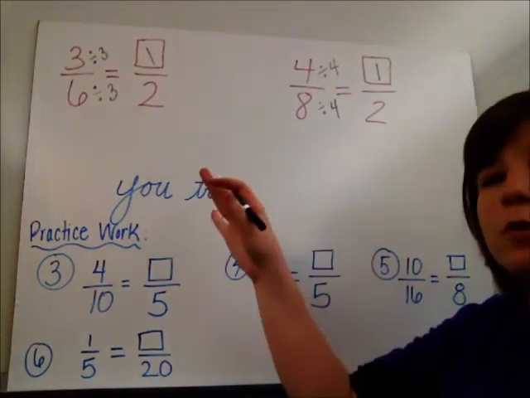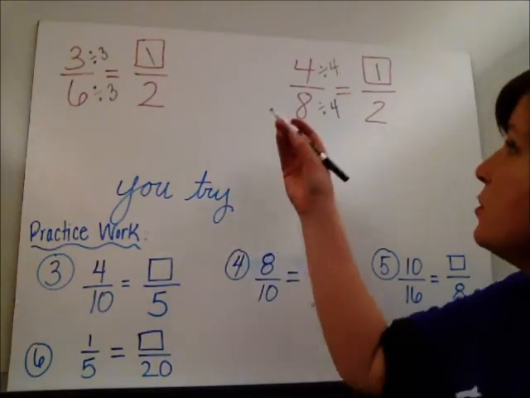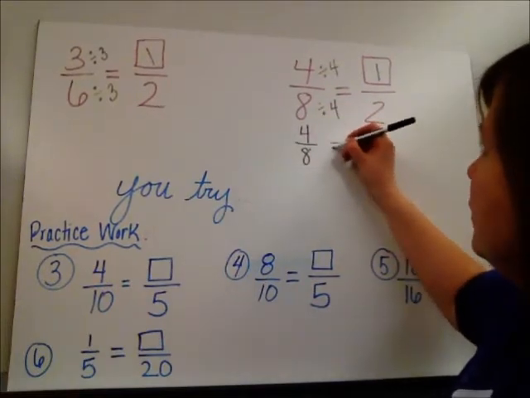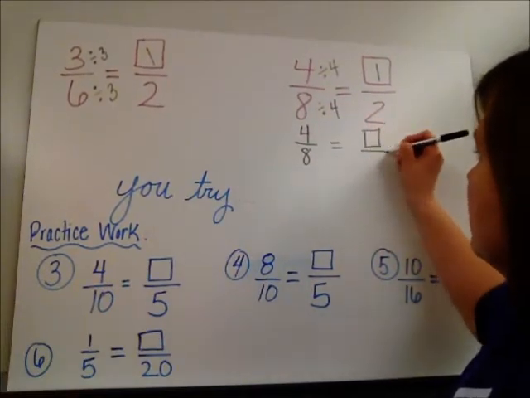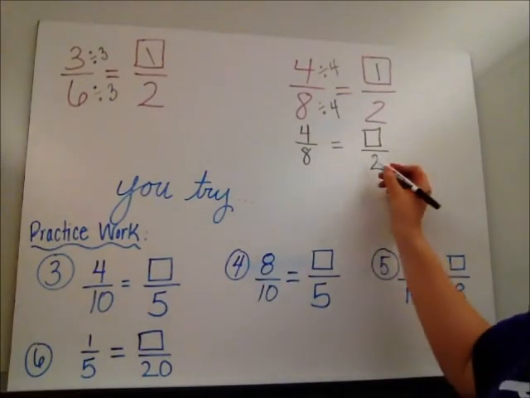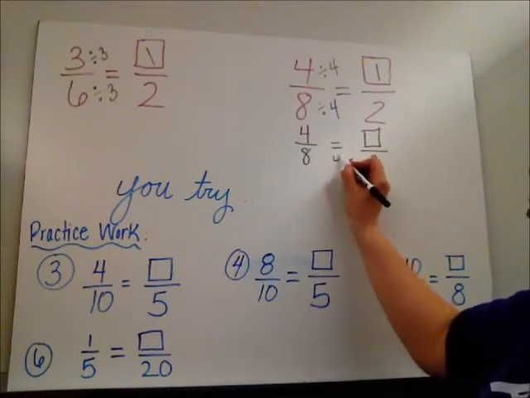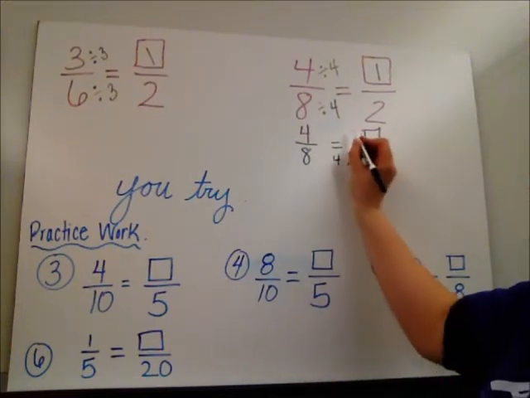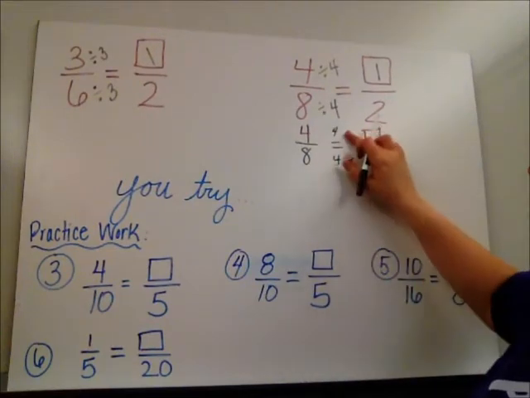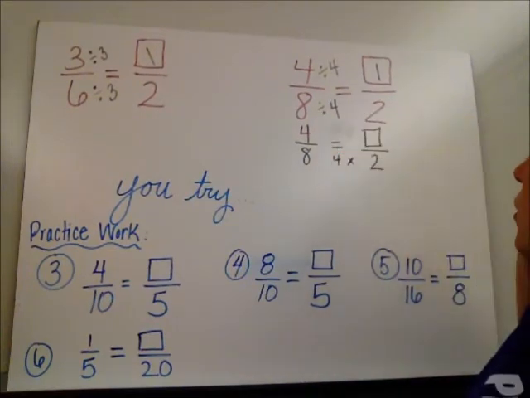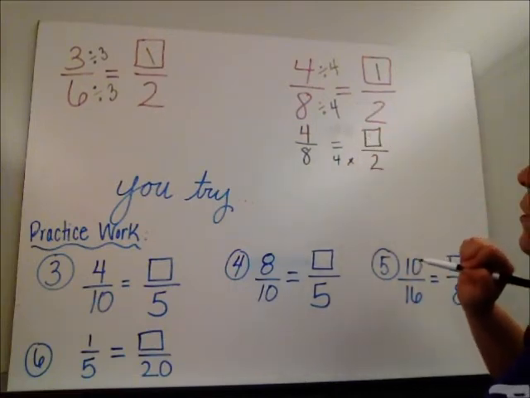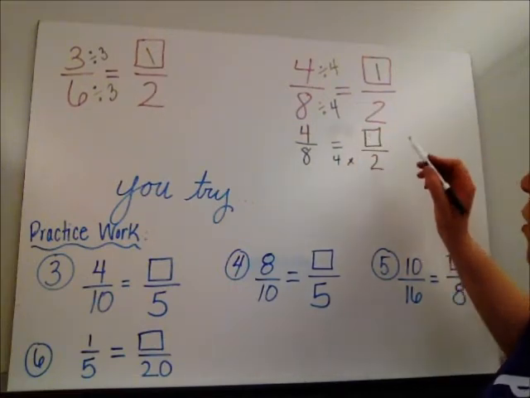Now, if you're not comfortable with this method yet, you can always do it this way. I'm going to rewrite it the exact same way, but just kind of go backwards. So 2 times 4 equals 8, and then you're going that way. So, well, you'd have to go the other way.